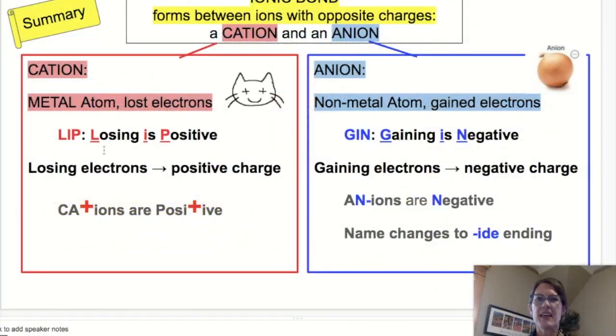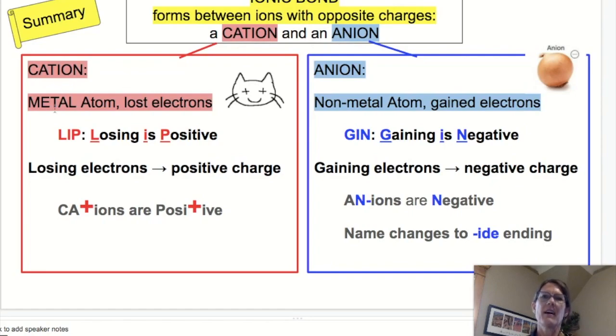This next slide shows a summary of pretty much everything we just went through. Let's just read it through. An ionic bond is one that forms between ions with opposite charges. Those ions will be a cation and an anion.